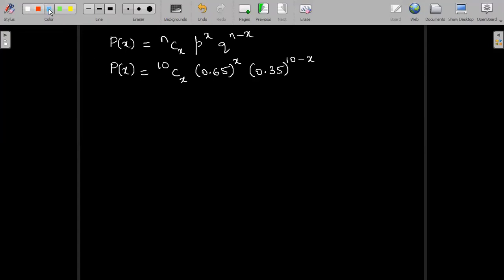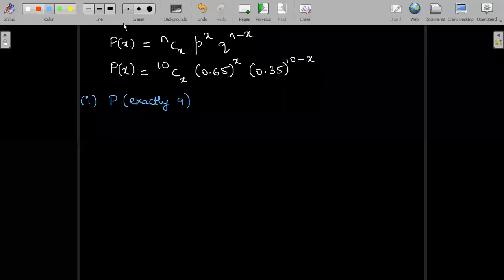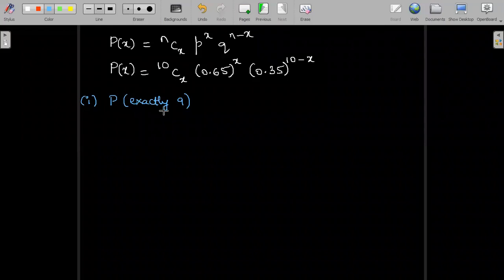Now let us discuss the cases one by one. First case is the probability of exactly 9 persons. This is equal to probability of X equal to 9.